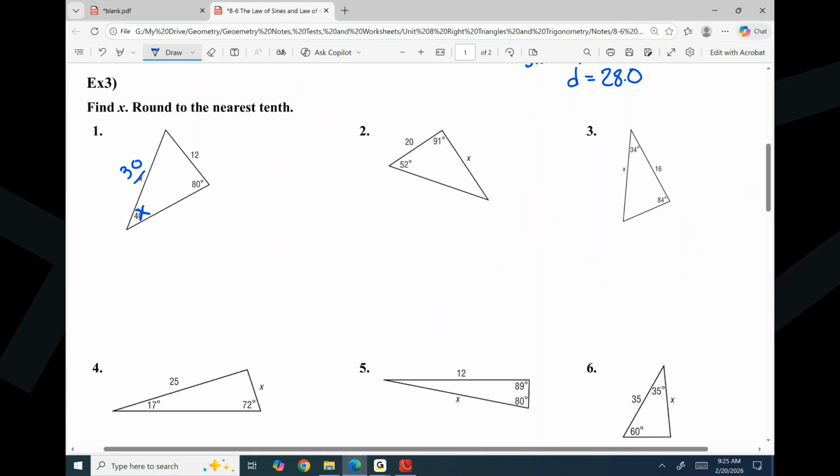So we're going to say the sine of this over this, right? So the sine of X over 12 is proportional to sine of 80 over 30. Cross multiply, we get the sine of X times 30 is equal to 12 times the sine of 80.